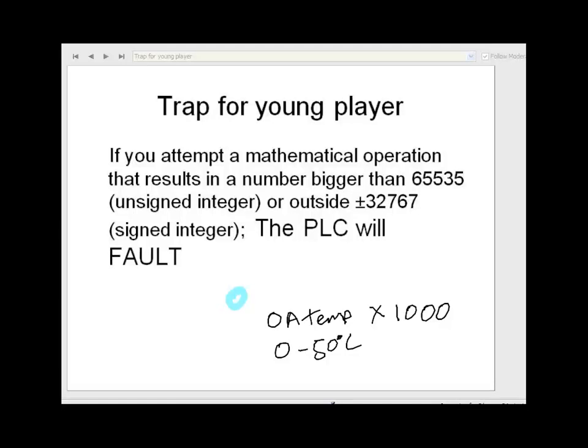If you tried to put 50,000 into a PLC location, the PLC will probably crash. So any number that you generate using a mathematical operation like multiplication or addition, or any number that you try and stick into a PLC, if it's outside of the range 32767 plus or minus, the PLC will either crash or screw up big time.